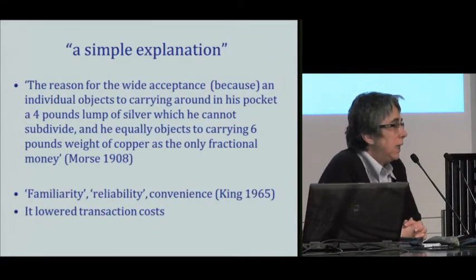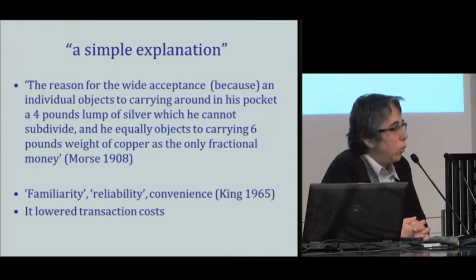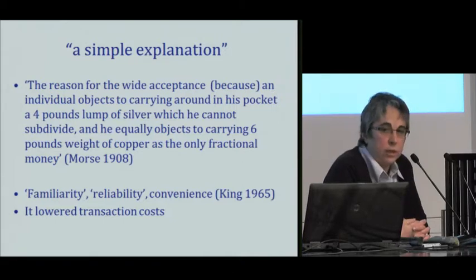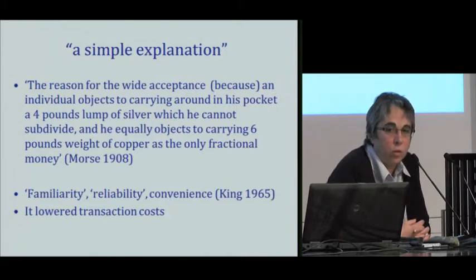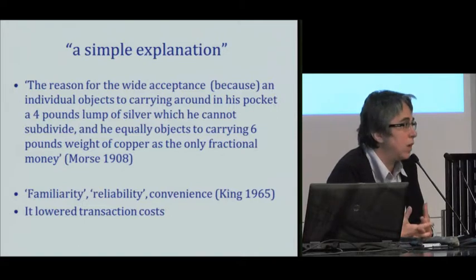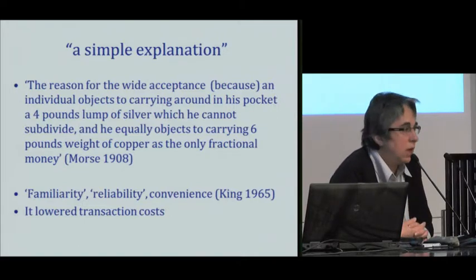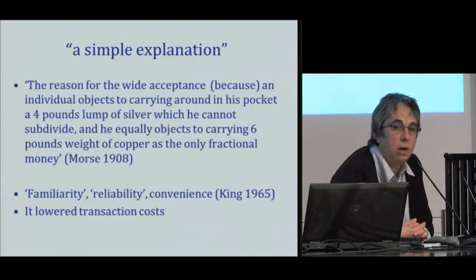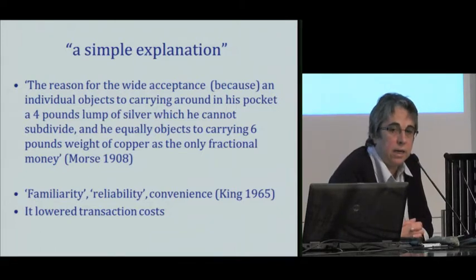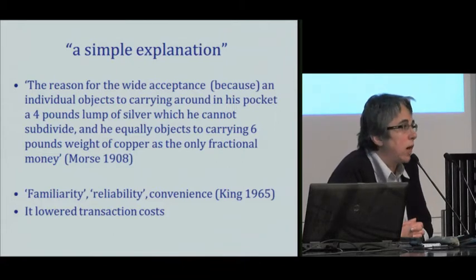Morse says very clearly there is a very simple explanation for why this was so. The reason for the wide acceptance of that coin is because an individual objects to carrying around in his pocket a 4-pound lump of silver which he cannot subdivide, and he equally objects to carrying 6 pounds worth of copper as the only fractional money.